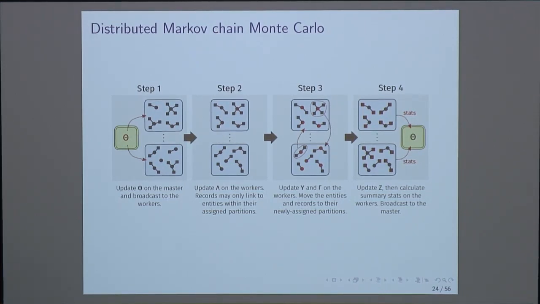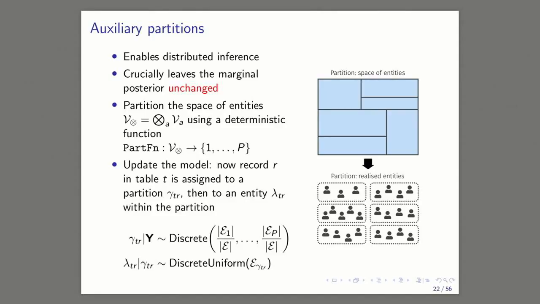Here you'll see that the linkage is restricted to be within a partition. Now we're finally going to update the latent entity and the partition on the workers, and now we can actually do moves across the partitions. Here we can do some sort of update based on this step, which allows things to move across the partitions.